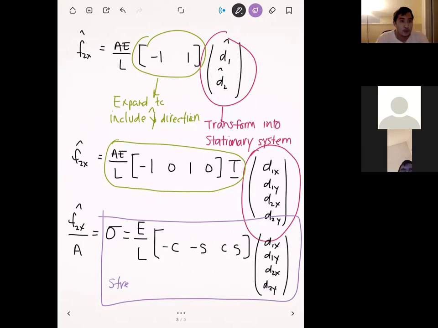But we're not solving for those. Remember, when we solve 2D truss problems, we're solving for displacements in the global, or stationary, system. So we removed the hats from the D's, and we also added this transformation matrix T right here, because that transformation matrix is how we went from the local system to the stationary system.